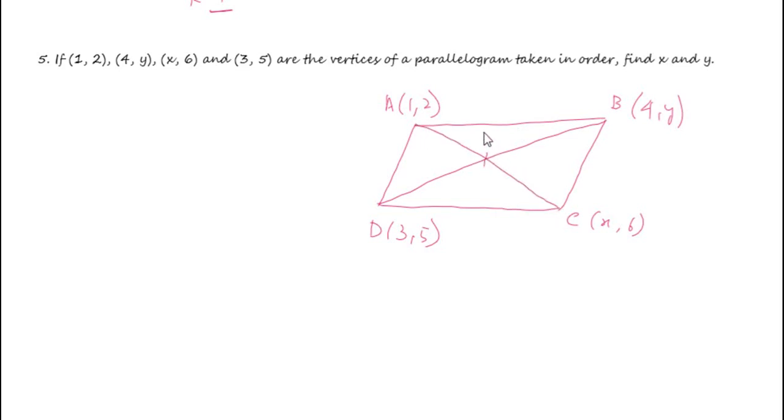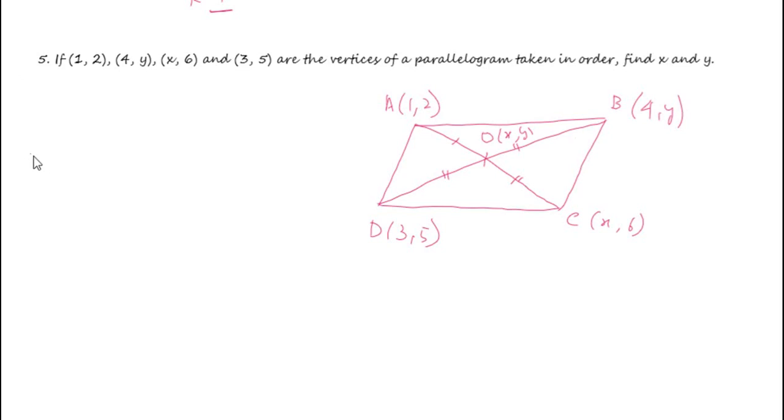This point, let us say O, that is (x, y). We know in a parallelogram that diagonals bisect each other, that is AO equal to CO. Since diagonals bisect each other, point O is the midpoint of AC as well as BD.